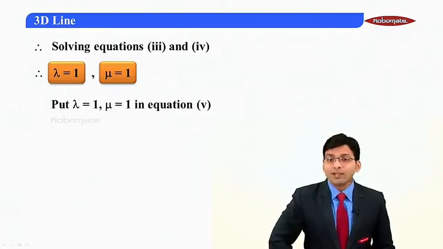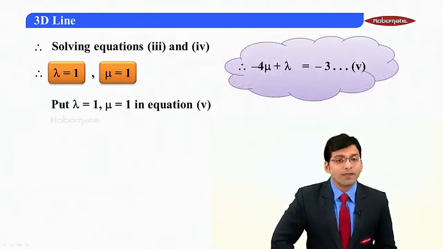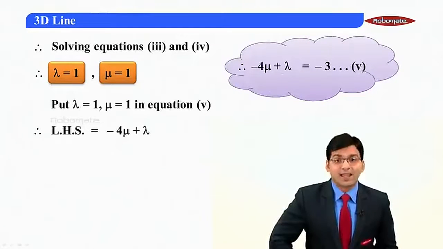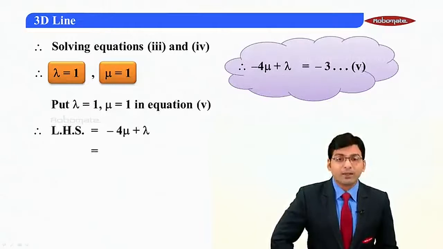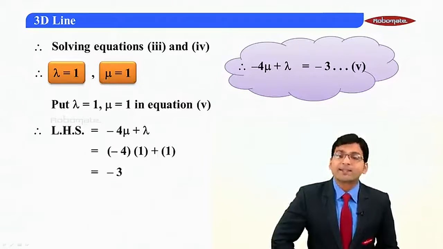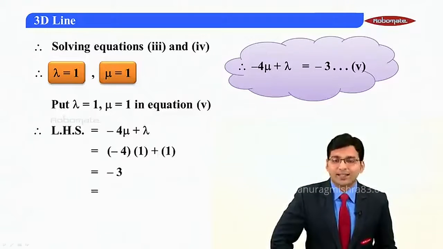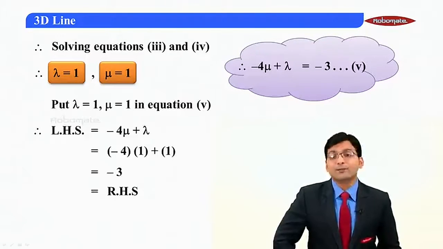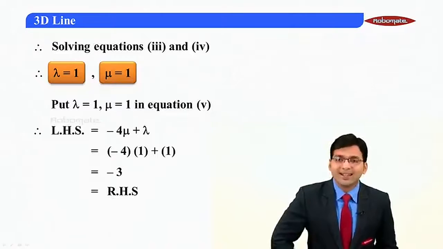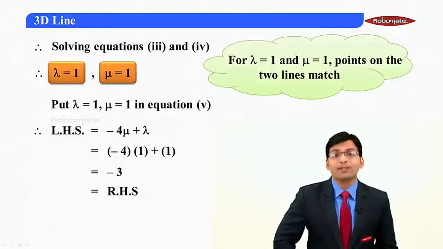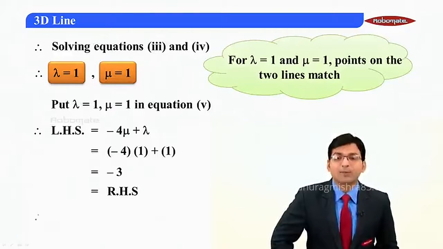So put lambda = 1 and mu = 1 in equation 5, and we get the left hand side as -4 mu + lambda, which is -4 + 1 = -3, which is the same as the right hand side, right? That means lambda = 1, mu = 1 satisfy the fifth equation, and therefore for these values, points on the lines match each other.